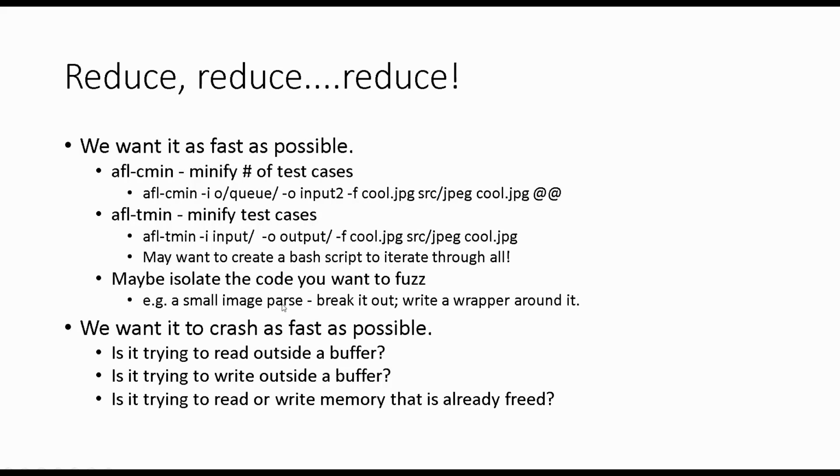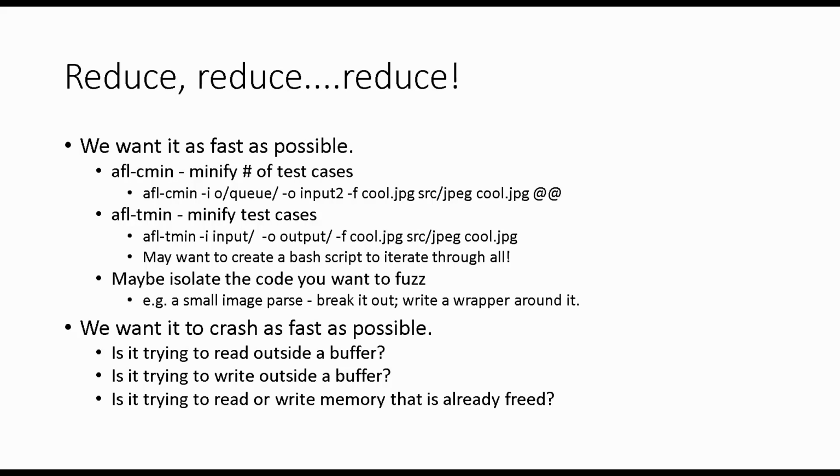Another trick you can do is isolate the code that you want to fuzz. So maybe you just want to do a small image parsing from a much larger software, and you can extract that out. Maybe write a wrapper around it, and there's also a loop that I'll show you in another slide that you can make use of. But ultimately, again, speed. We want things to go as fast as possible.